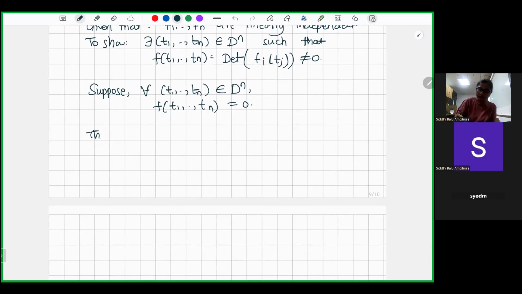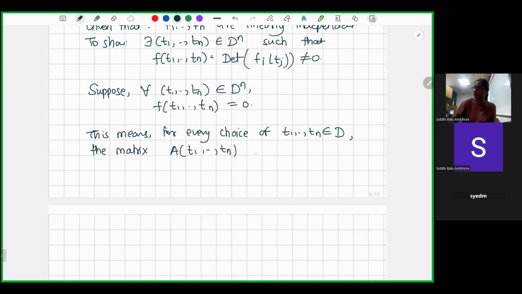So this means for every choice of t1 to tn in D, the matrix A(t1,...,tn) has linearly dependent columns.